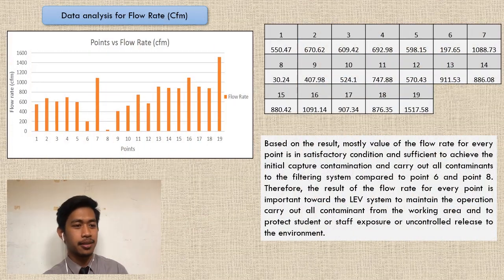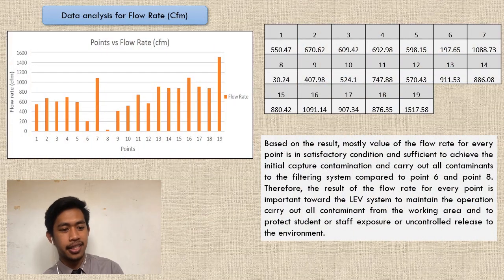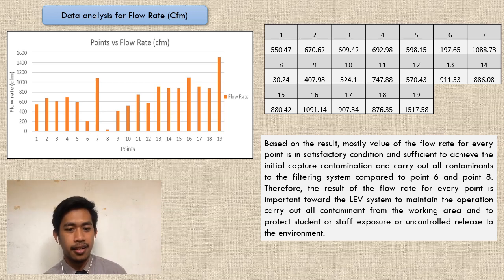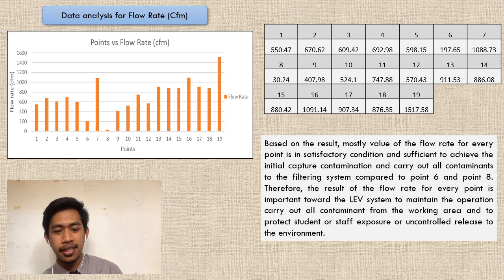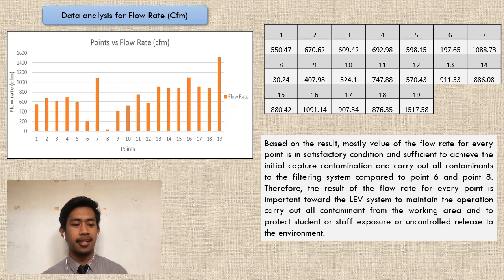For the next slide, it is about the flow rate. So we can see the chart, and the different values from first until 19th. Based on the result, most flow rate values for various points are in satisfactory condition and specified to achieve the initial capture of contaminant and carry the contaminant to the filtering system, compared to points 6 and 8. So it is a little bit unsatisfactory for the system.